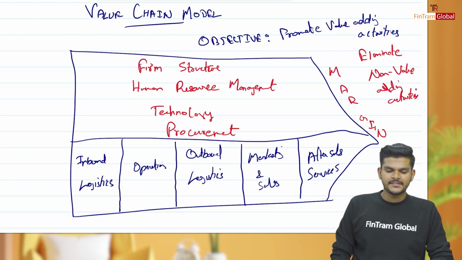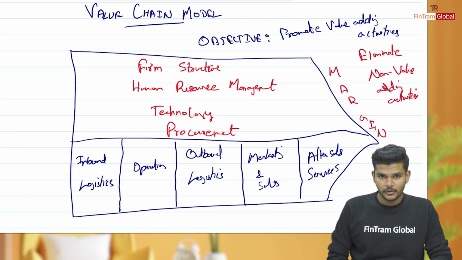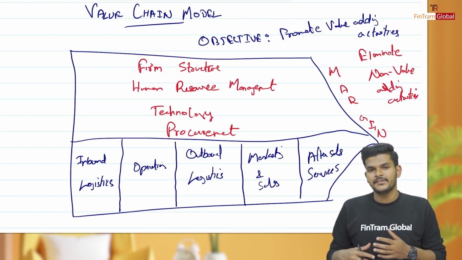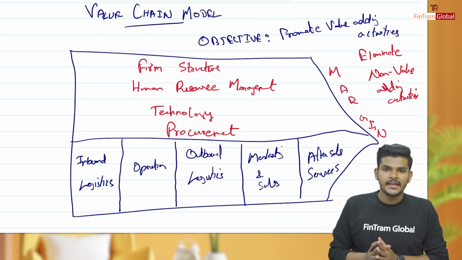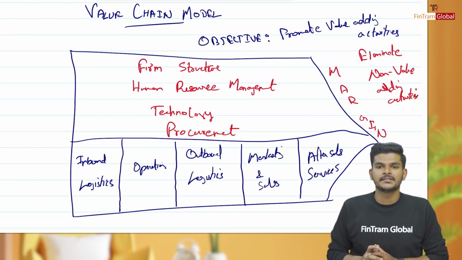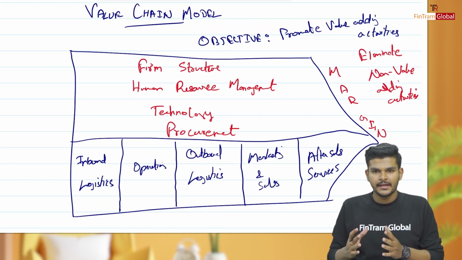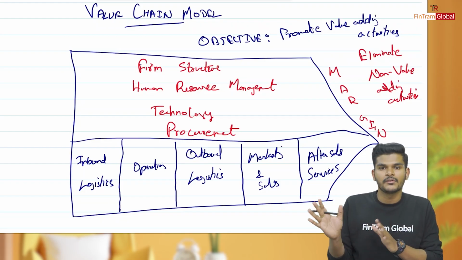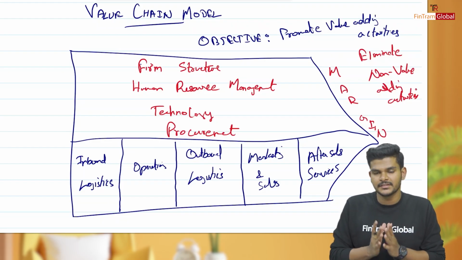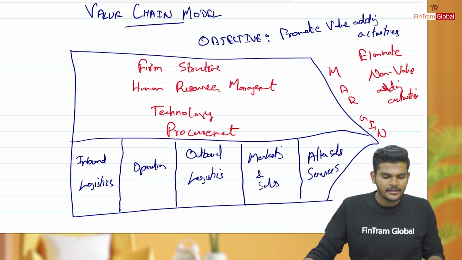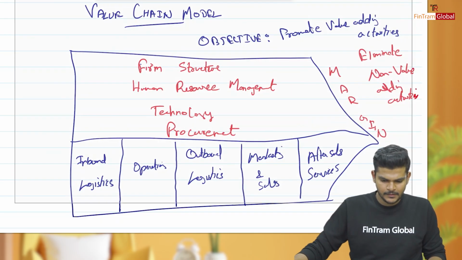Okay, folks, so that's basically the objective of this particular model. We look into the primary activities and secondary activities, identify those activities which add value and those which do not, right? And then we eliminate the non-value adding and promote the value adding activities. Simple as that. Okay, folks. So this is what the value chain model is all about.